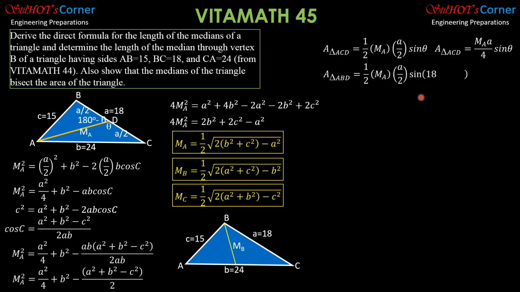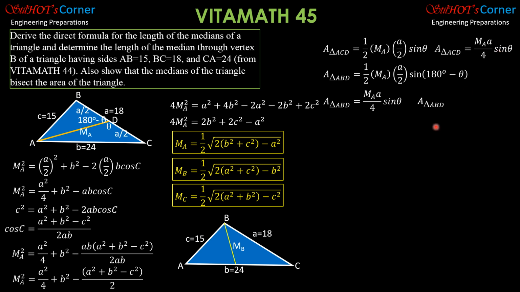Since sine of theta and sine of its supplement are equal, this is the same as sine of theta. If we simplify this, area of triangle ABD is M sub A times A over 4 sine of theta, which is equal to that.